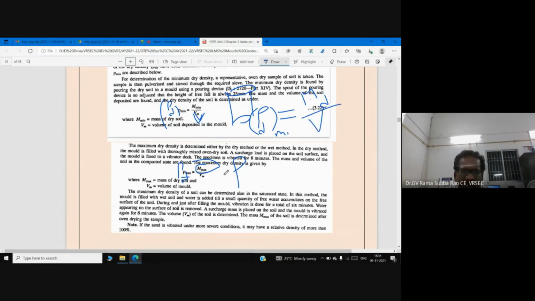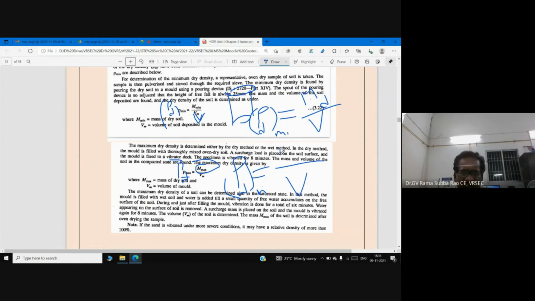In the same mold with the known volume, if you compact, in sandy soils we actually use vibration to compact the granular soils, where we get ρd max.